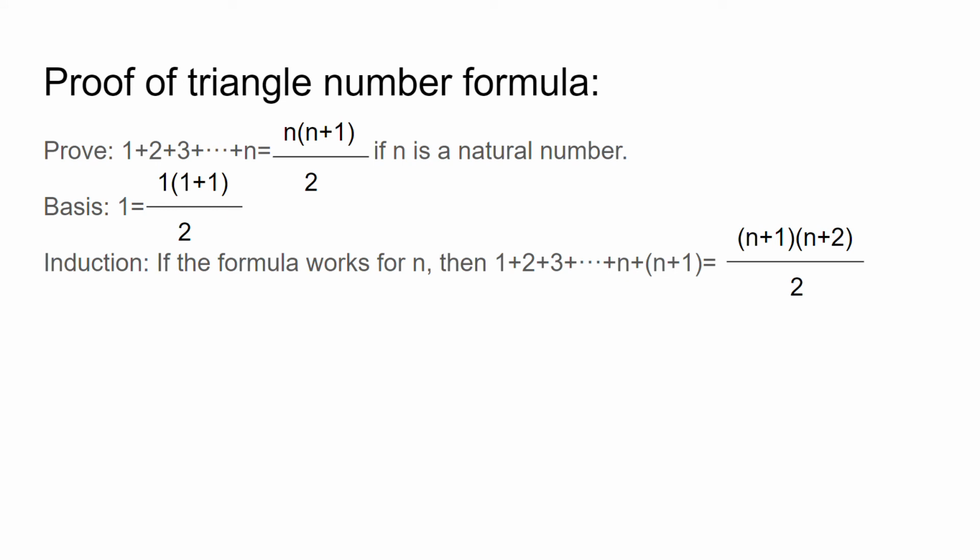And n plus 2 is just n plus 1 plus 1. And now we have proof that 1 plus 2 plus 3 all the way up to n plus 1 is equal to n plus 1 times n plus 1 plus 1 all over 2, assuming that the formula works for n.